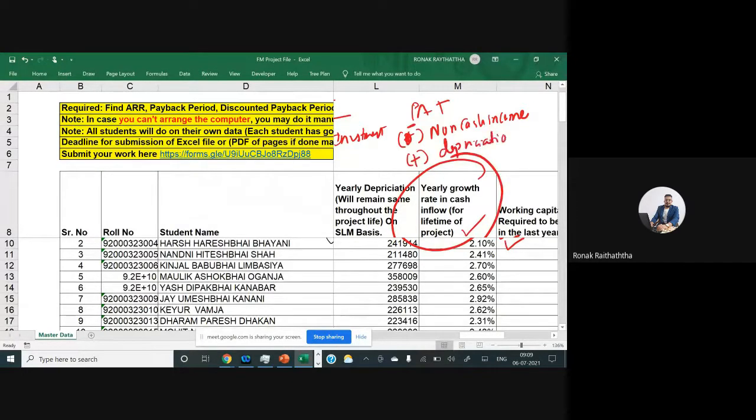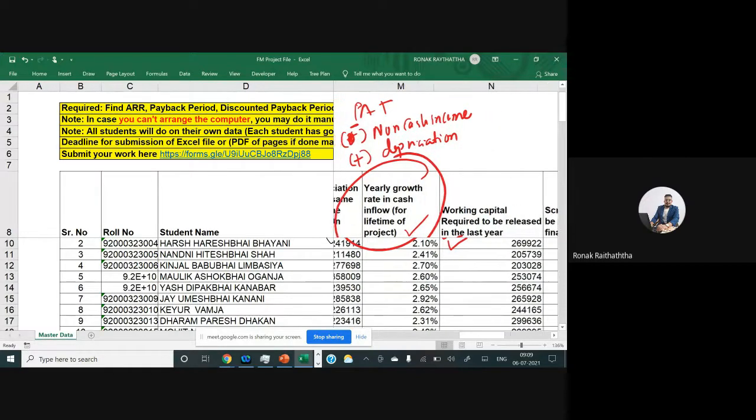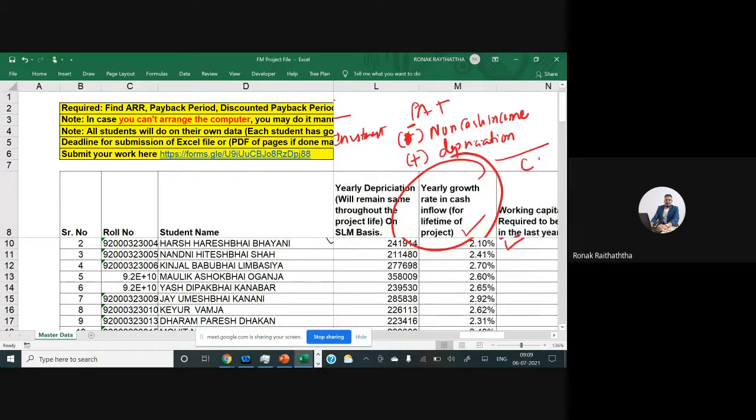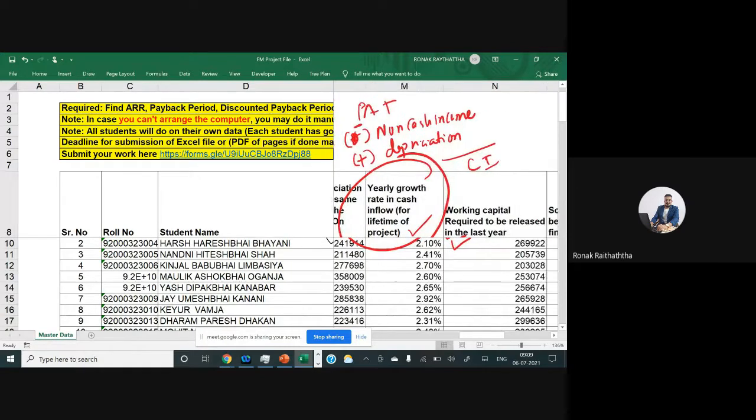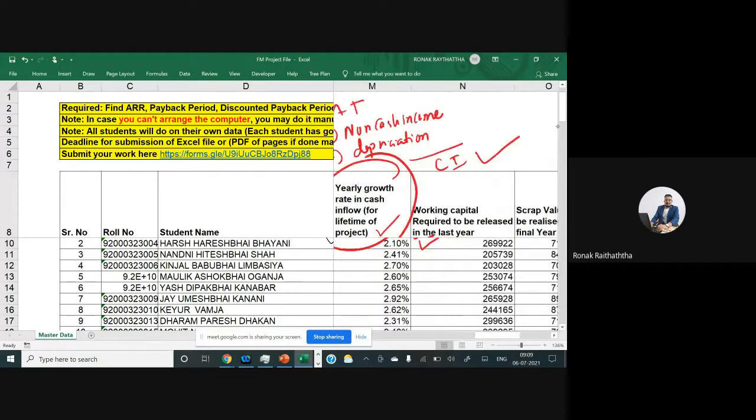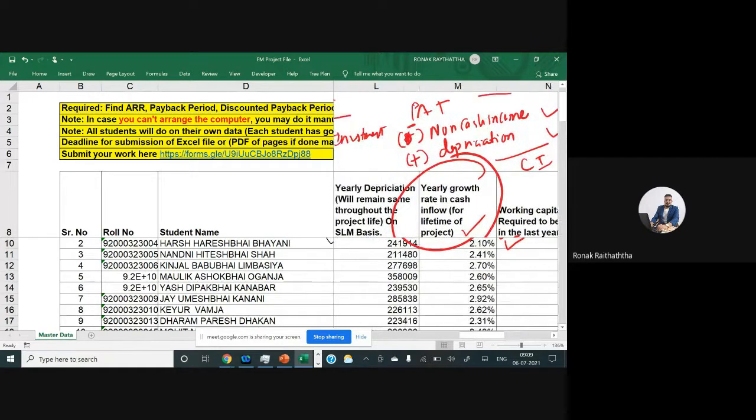If you can recall, depreciation was added back in the profit after taxes and non-cash incomes were reduced from the profit after taxes. So you were getting the cash inflow. Now you have got the cash inflow, you have got the depreciation, you have got the non-cash income. So you can find the profit after tax from that detail, no?